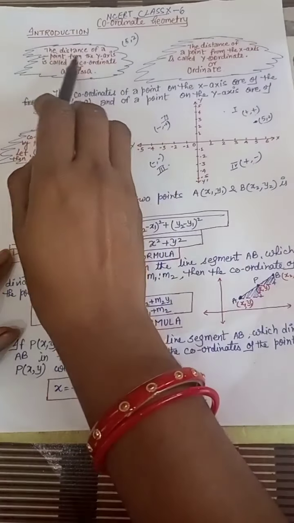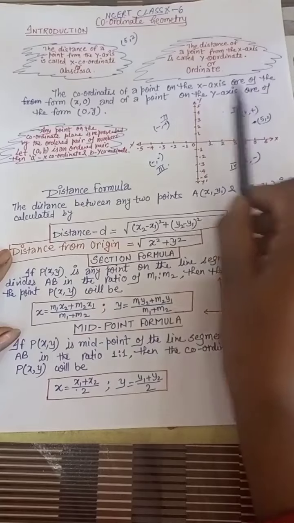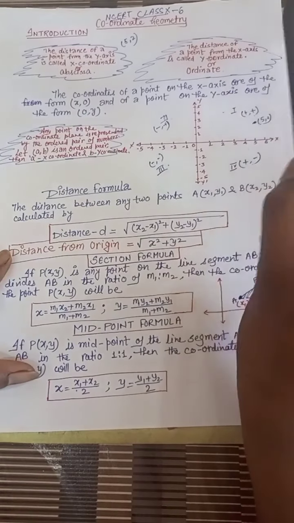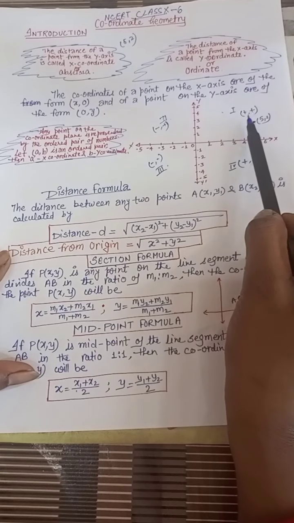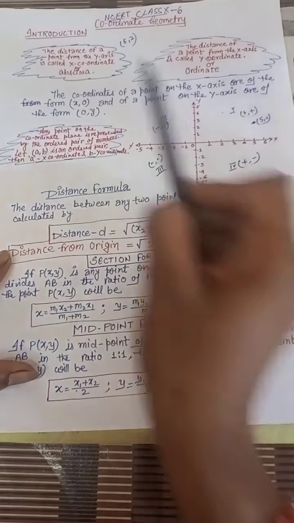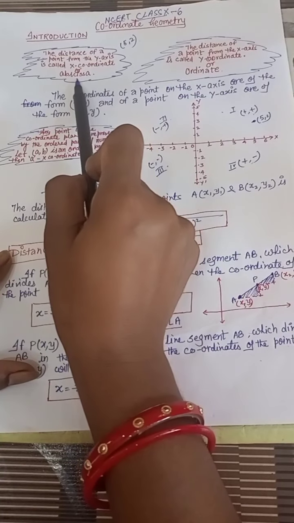The distance of a point from the y-axis: 1, 2, 3, 4 and 5. The distance of a point from the y-axis is called the x-ordinate or abscissa.